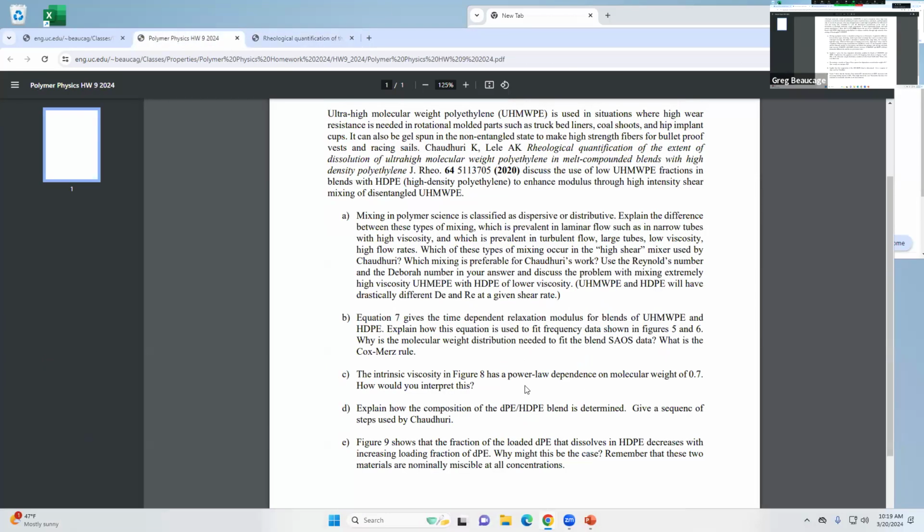So and then people talked about branching in this, and he says in the paper this demonstrates that it's not branched, which kind of isn't true, because it would be 0.8 if it was a linear chain in a good solvent. If it's a theta chain in a theta solvent, then it's 0.5.